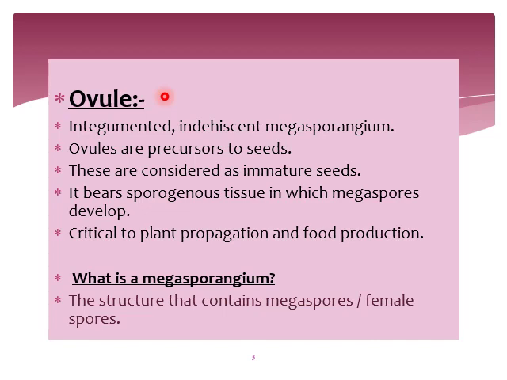Now, if we are talking about the ovule, we have said that it is an integumented, indehiscent megasporangium. Now the question arises, what is megasporangium? Megasporangium is a structure that contains megaspores or female spores in it.